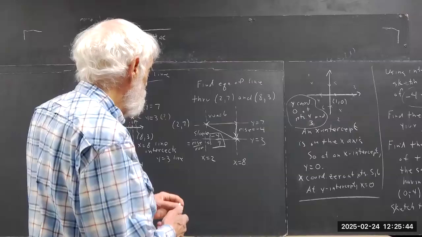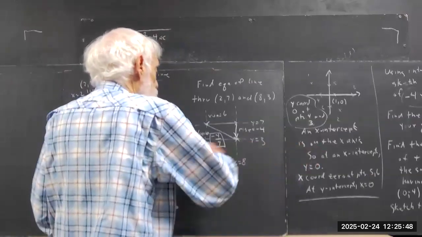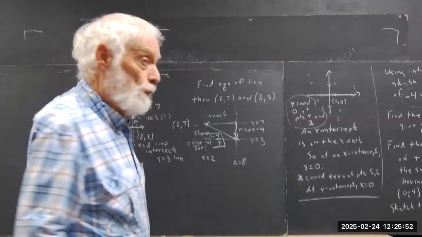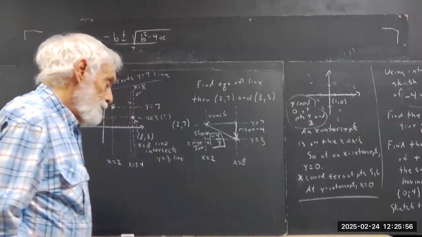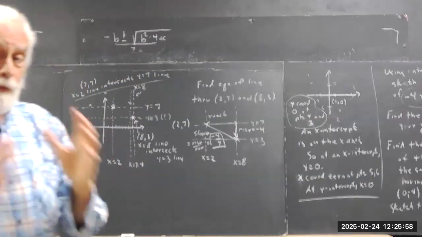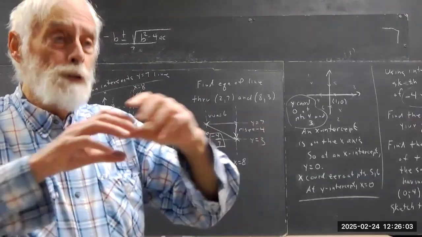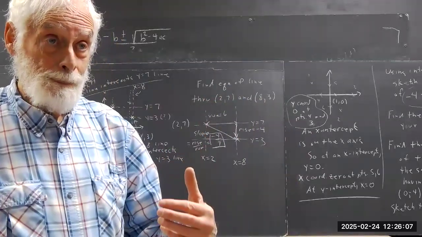Then if you want, you can say, well, the y=0 would be about here. So there's my x-axis, and x=0 would be about here. So there's my y-axis. Draw the points first. If you have to draw this first, okay, but try to wean yourself from the need to do that. So you can just see, here's 2 points, here's the rise, here's the run. Now I've got the slope.